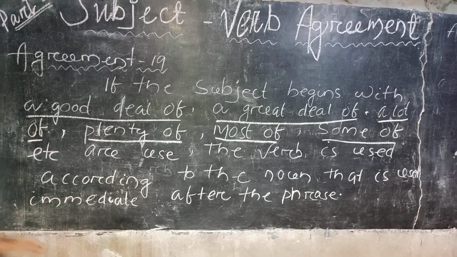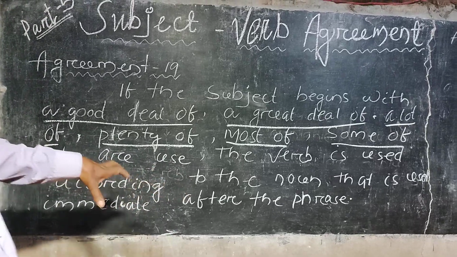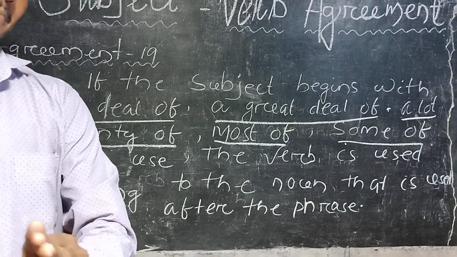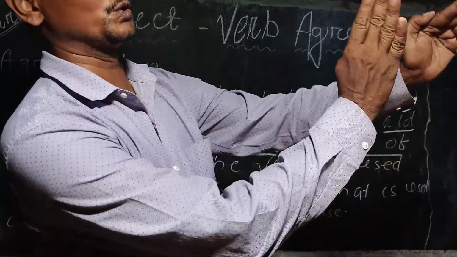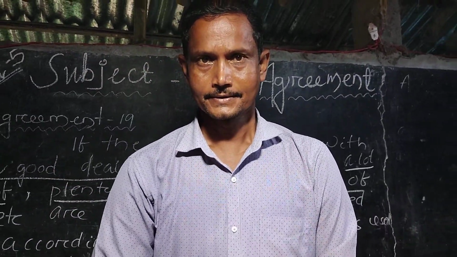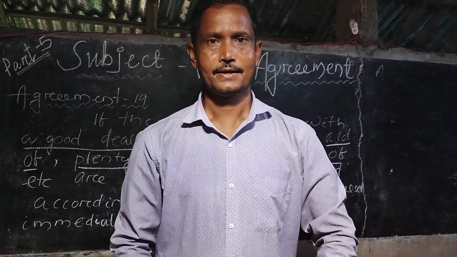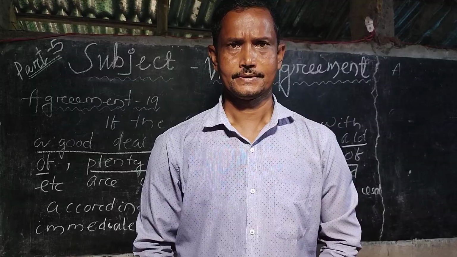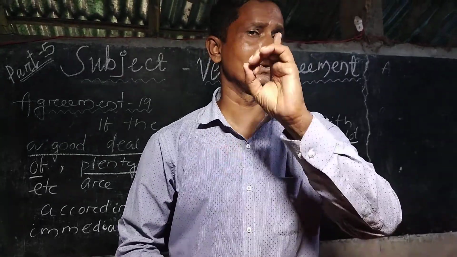Once again, suppose in a sentence you find a phrase like a great deal of, a good deal of, a lot of, plenty of, most of, some of, etc. In this regard, you will have to take a close look at the noun that comes immediately after it. If the nouns are plural countable nouns, they take plural verbs. And if the nouns are uncountable nouns, they take singular verbs.